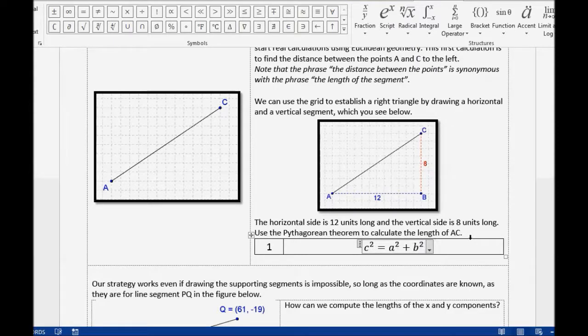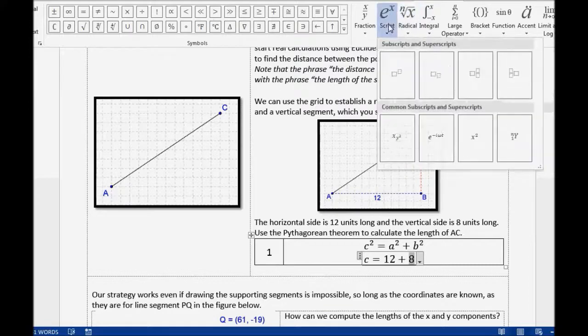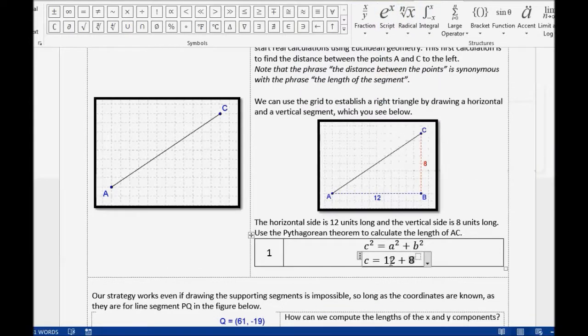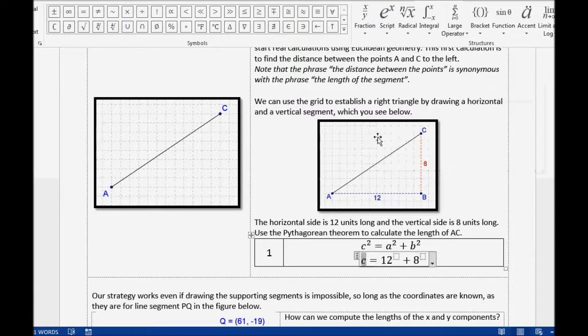When I'm inside the equation, I press Shift Enter, and it will create a new equation right underneath my old one. And again, we're at c equals, and this time 12 plus 8. And again, we have to go through and add our superscripts. I wish there was a faster way to do this. There might be. I don't know what it is.